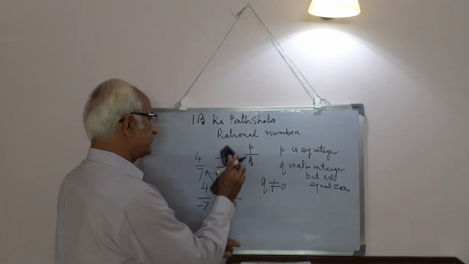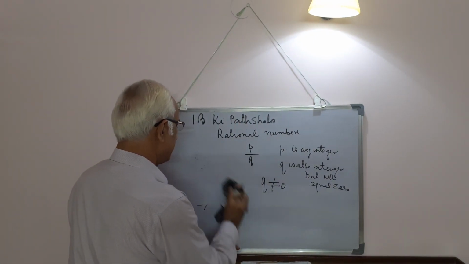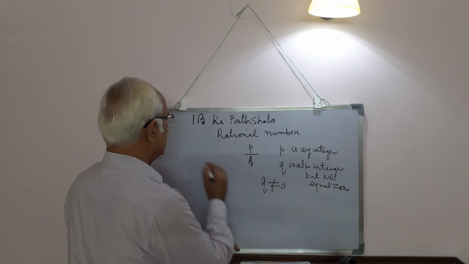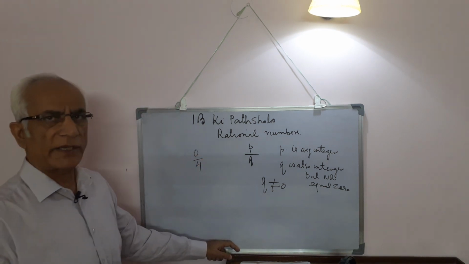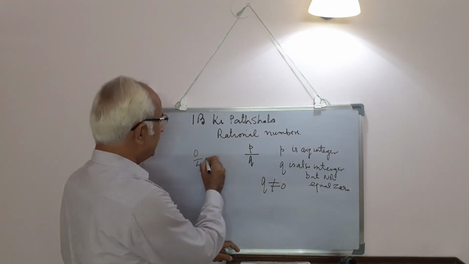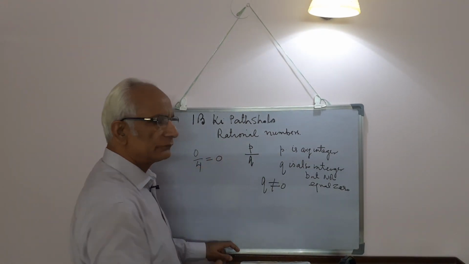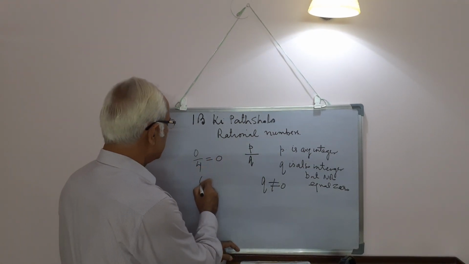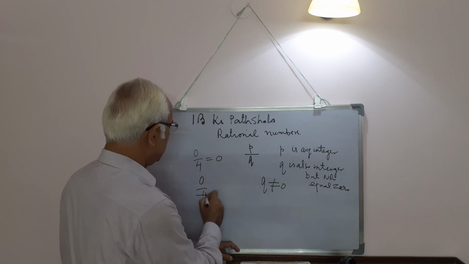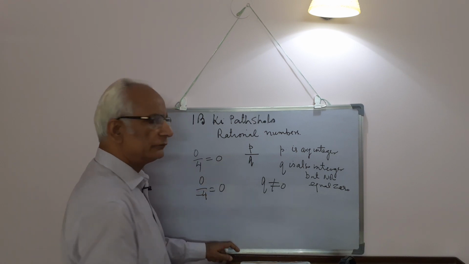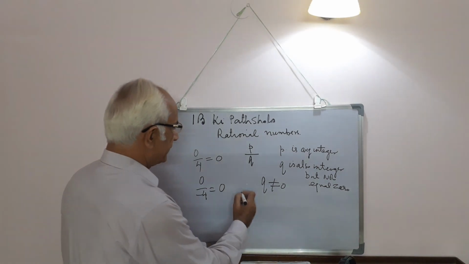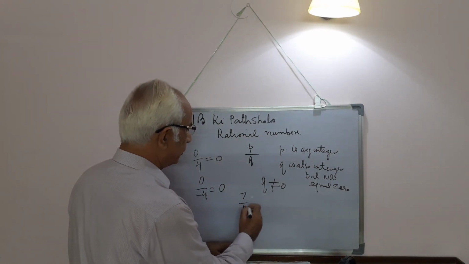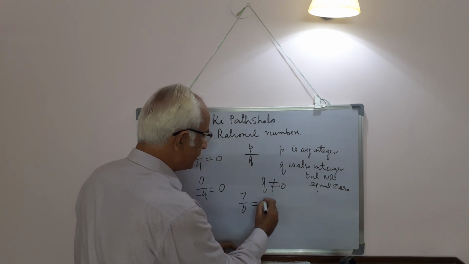Okay, let's see some more examples. 0 upon 4 is also a rational number, even though it is equal to 0. Or 0 upon minus 4 is equal to 0. This is also a rational number. 7 upon 0 is not a rational number.